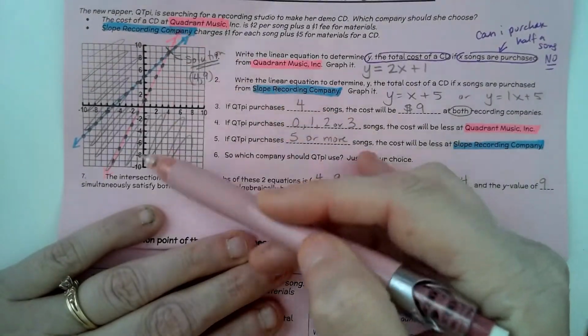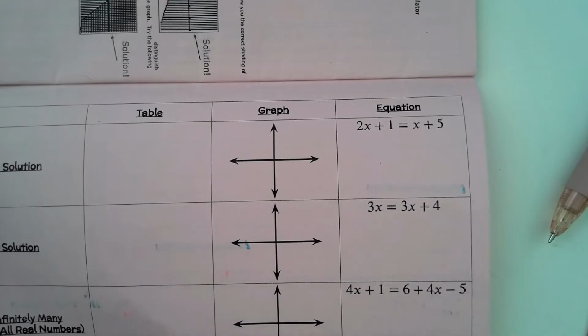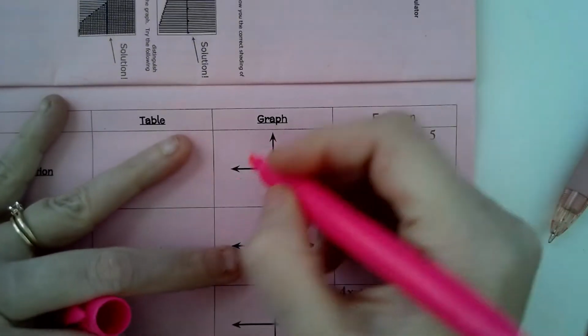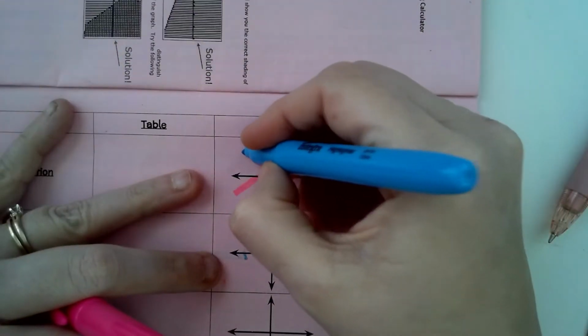When we look at the graph, I'm going to use my two highlighters just so that I can see that there are two different lines. All I'm going to do, literally, is draw two lines crossing. It doesn't matter where they cross.